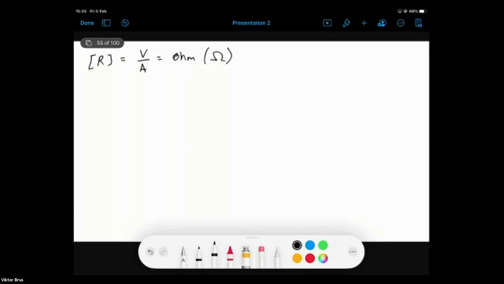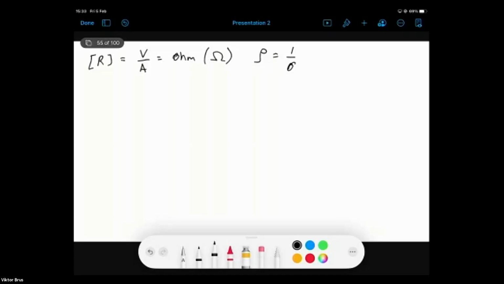So now, since we know the definition of electric resistance, it would be useful to introduce another parameter, which is specific resistance. And this is 1 over sigma, so it's the reciprocal value of the conductivity.